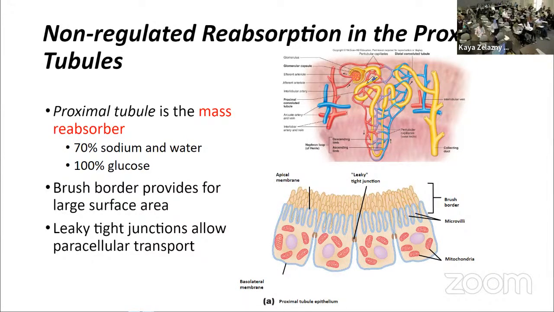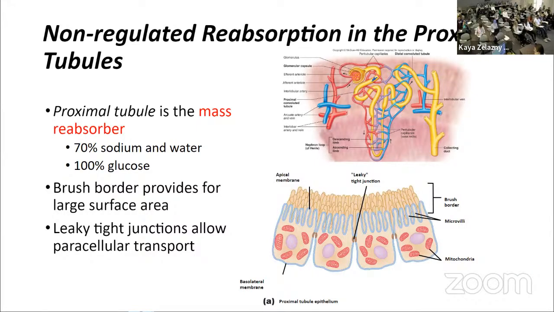Proximal, just like in anatomy lab, means near to the beginning. So the proximal tubule is the first thing you hit, and we have peritubular capillaries, so we have blood flow continuing along the nephron here. We think of our proximal tubule as our mass reabsorber because it's doing most of the reabsorption. That's all that means.